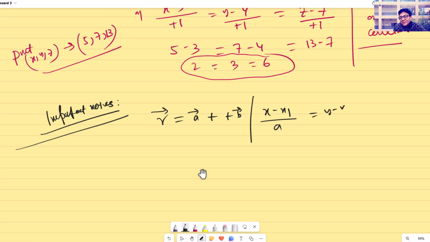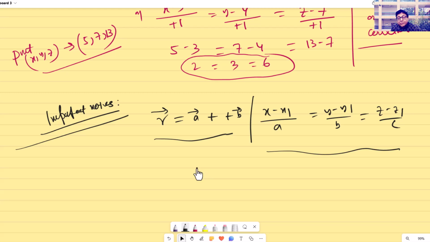Please remember this. These are direction ratios of the line, either in vector form or scalar form. We can convert scalar to vector, vector to scalar. All these things we know. Suppose we continue with the scalar form. A, B, C are what? Direction ratios.